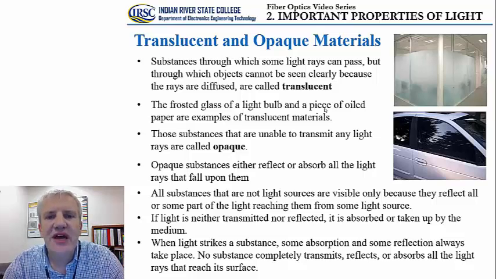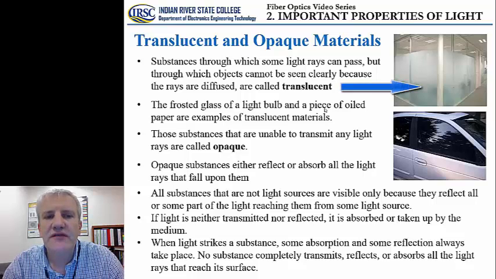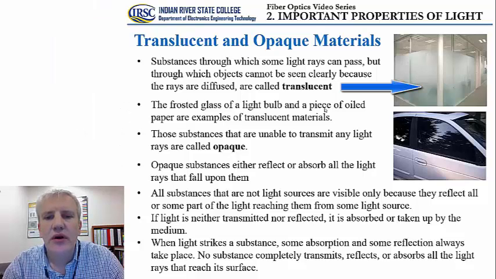The materials through which some light rays can pass, but through which objects cannot be seen clearly because the rays are diffused, are so-called translucent materials. Those would be, for example, the frosted glass of a light bulb, or a piece of oiled paper.